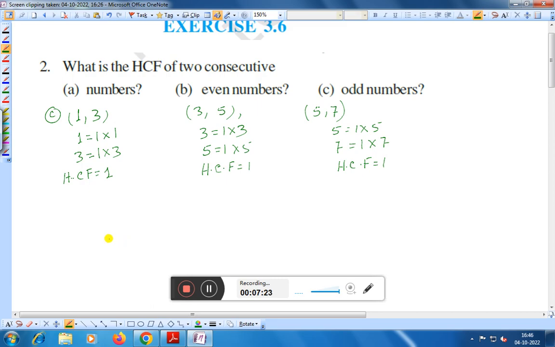Therefore, you can say that the HCF of two consecutive odd numbers is always 1. This is the solution of question number C.